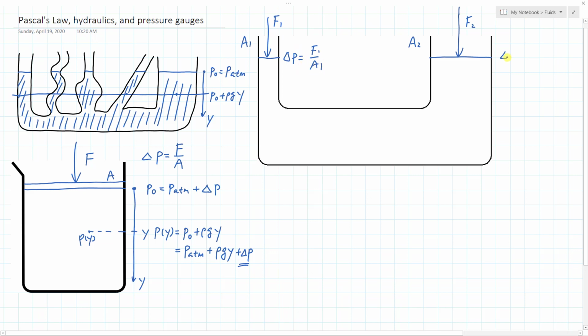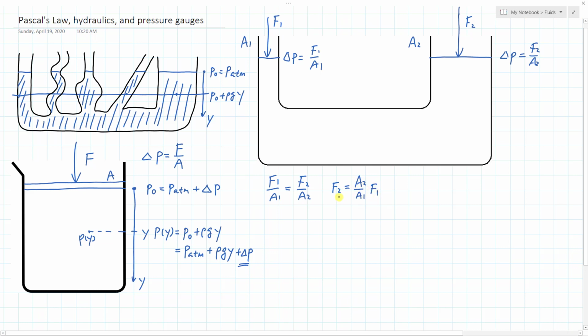And here, delta P is equal to F2 over A2. According to Pascal's principle, these two delta P's are the same. So we have F1 over A1 equals F2 over A2. So the conclusion is F2 on the other side is A2 over A1 times F1.